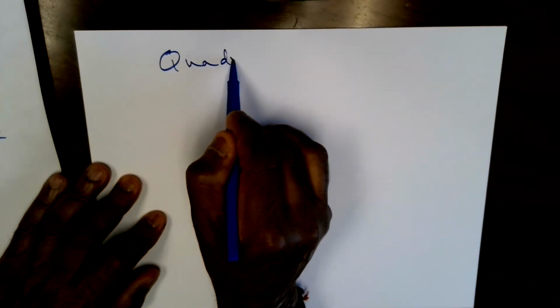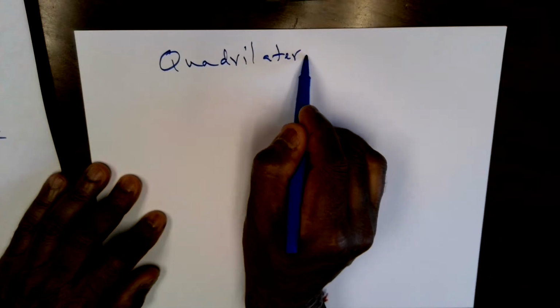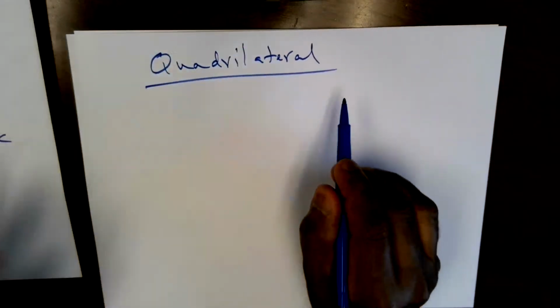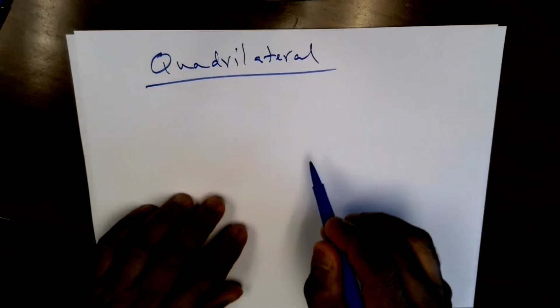Let me start all over again. So for a general quadrilateral, the question is what is the area.